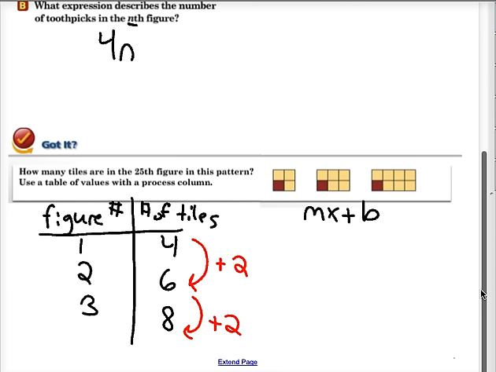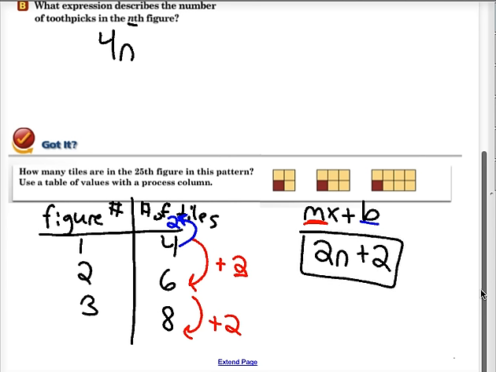The cool thing is those 2's are the m that I need. Now, my b, that initial value, where I take a step back, that would leave me with 2. So I'm going to have 2n plus 2 to represent my pattern.